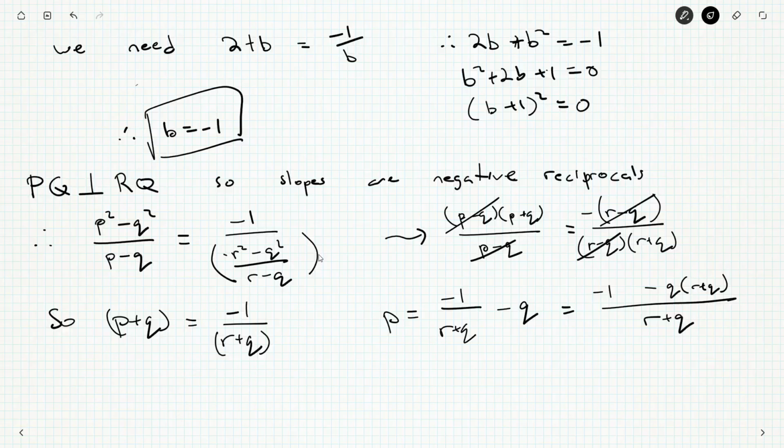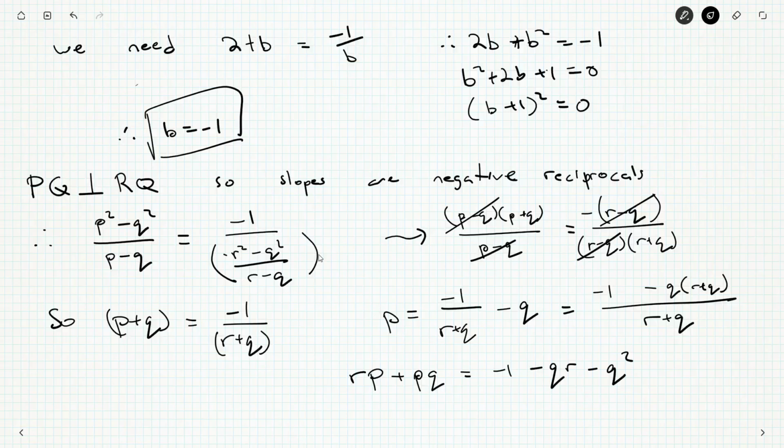And we have to use the fact that they're integers. I'm not seeing where. Let's change it to RP plus PQ is equal to negative 1 minus QR plus Q, so that's minus QR minus Q squared.